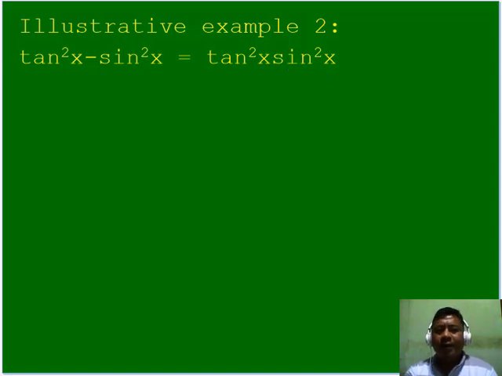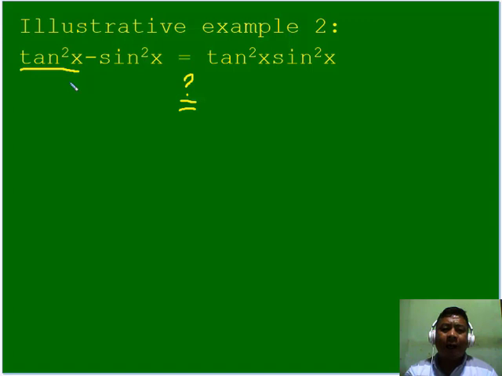As you can see here, the left side is again more complicated than the right side of the equation. We're going to show whether the left side of the equation is equal to the right side of the equation. So again, we're going to place a question mark here. Consider tangent squared x.